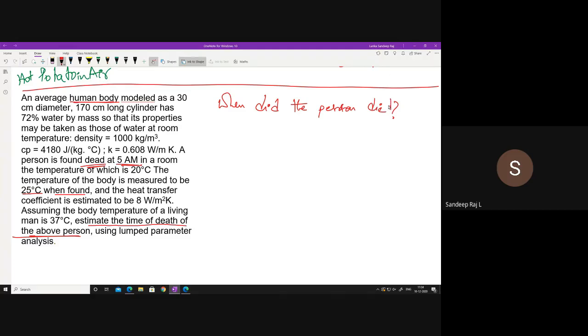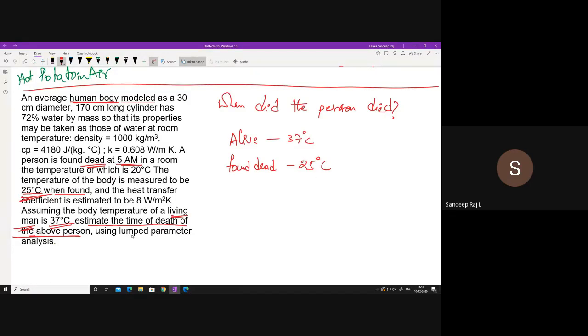See here, when he was alive, his temperature will be 37 degrees centigrade. When he was found dead, the temperature of the body is found to be 25 degrees centigrade.